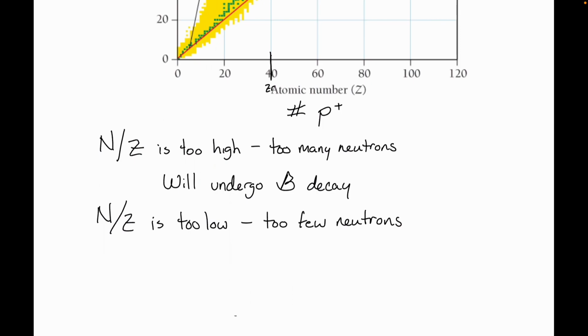These will undergo either positron emission or electron capture, both of which have the same effect of decreasing the atomic number while keeping the mass the same.